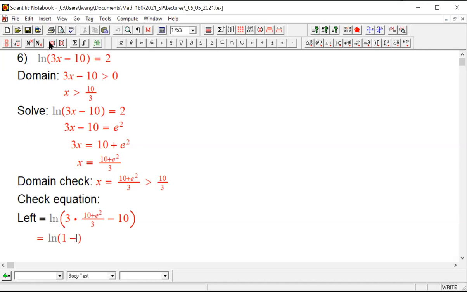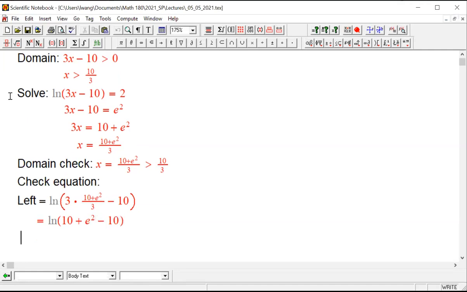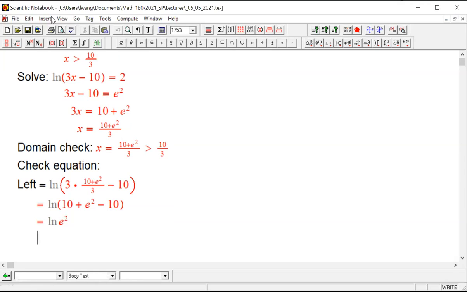So you have 10 plus e squared and minus 10, right? In this case, it works perfectly, doesn't it? And then equals 2. Along the way, you are practicing your basic algebra.